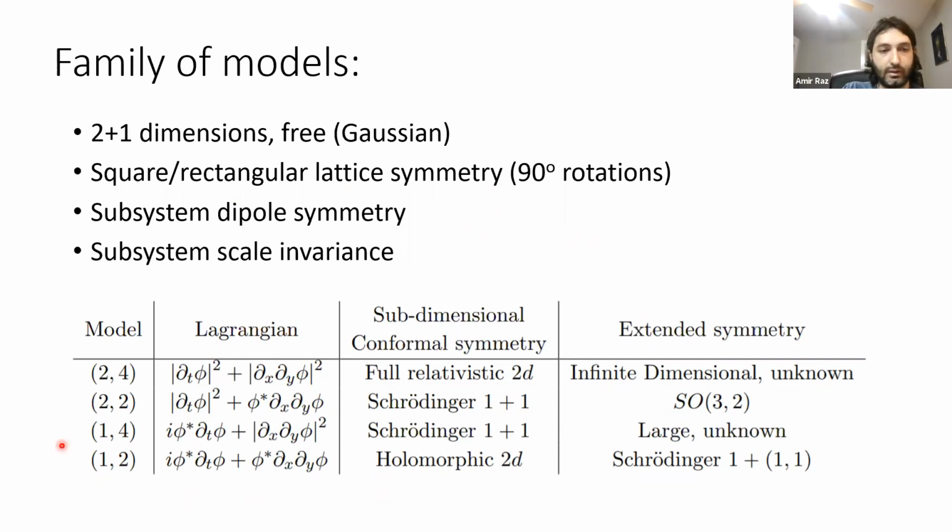It's more obvious in the 4 spatial derivative term, but even for the 2 spatial derivative term, the Lagrangian transforms up to a total derivative, and therefore it's still a global symmetry of the action. And they all have a subsystem scale invariance. And it turns out that they also all have a subdimensional conformal symmetry. In the case of these 2 models, it's a non-relativistic conformal symmetry, Schrodinger conformal symmetry.